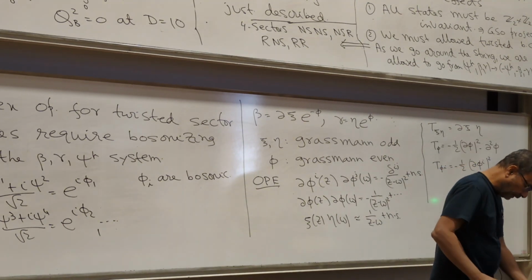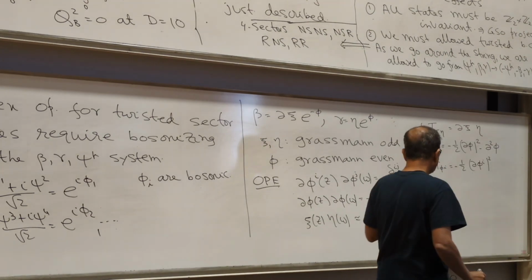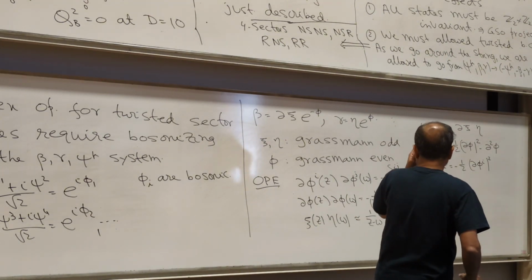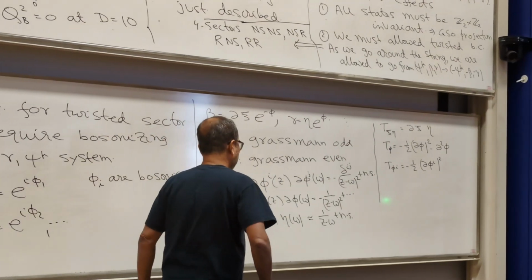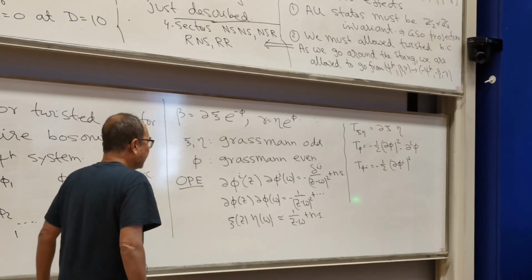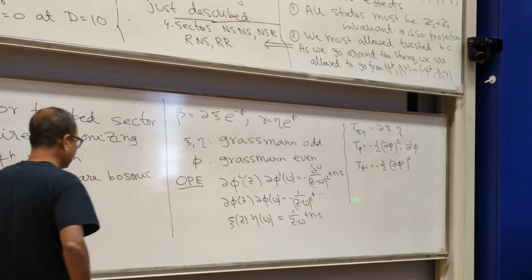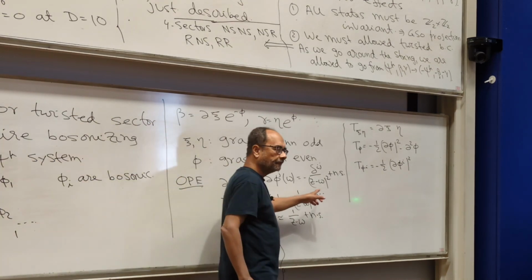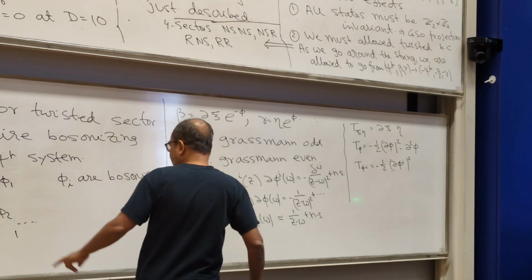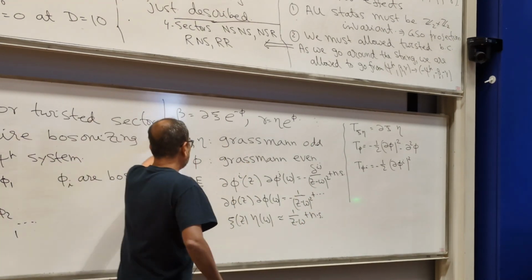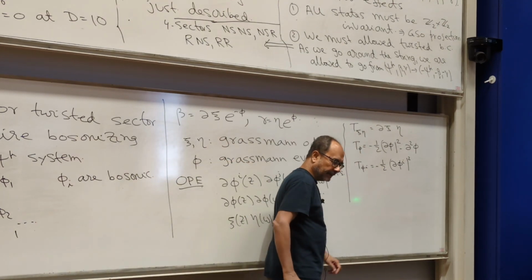And there are similar things for the anti-holomorphic parts. The idea is that we can reproduce the beta, gamma, and psi correlation functions, the psi OPEs, using these representations. Once you use the OPE that I have given here, it follows that the psi's have the right OPE, and similarly the beta, gamma have the right OPE, once you use the OPEs of xi, eta, and phi.